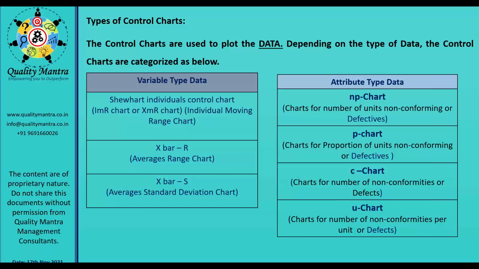As we have told you, based on what kind of data you are using, different control charts are used, like variable type data and attribute type data. For variable type data, there are many, but the largely used control charts are the IMR chart, XMR chart, that is individual moving range chart, also known as Shewhart chart, Shewhart individuals control chart.